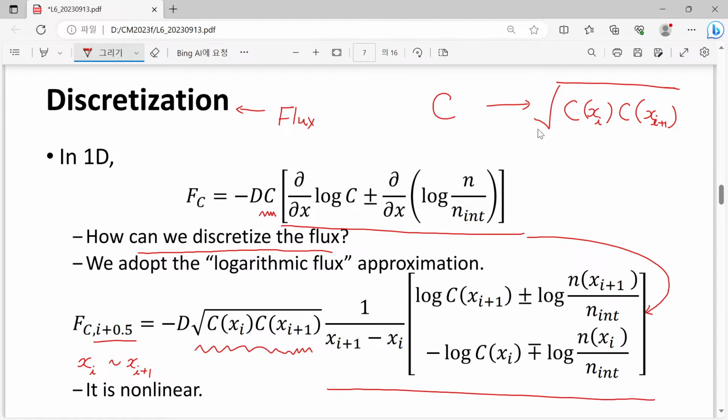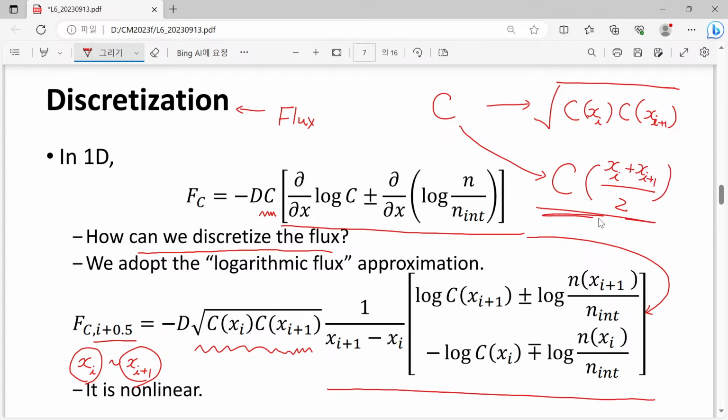Of course, since we are evaluating this flux in the range between xi and xi plus 1, this C probably corresponds to C at the midpoint between xi and xi plus 1.